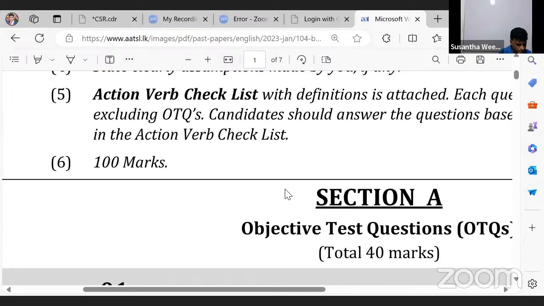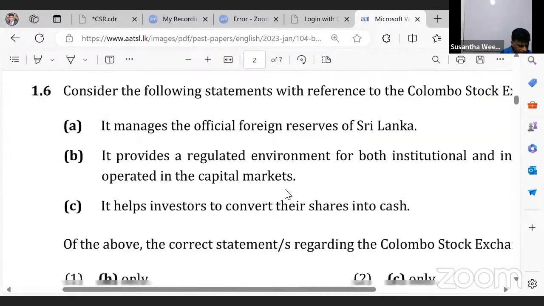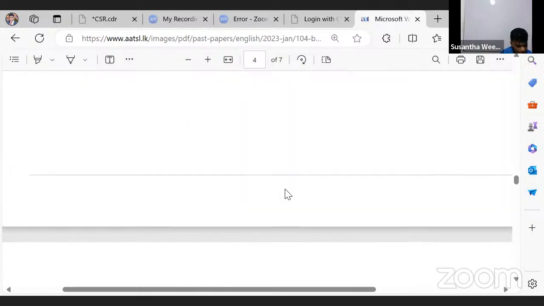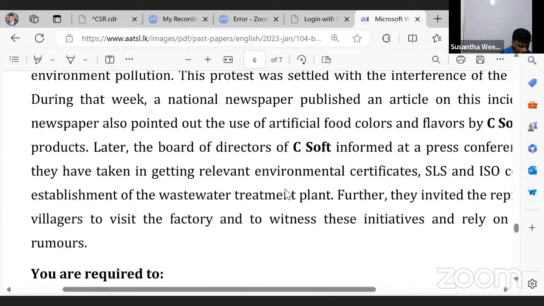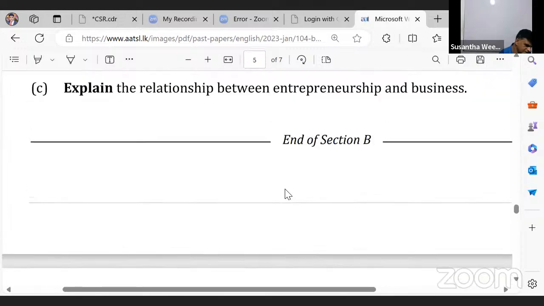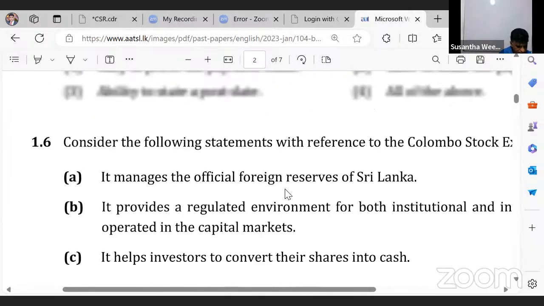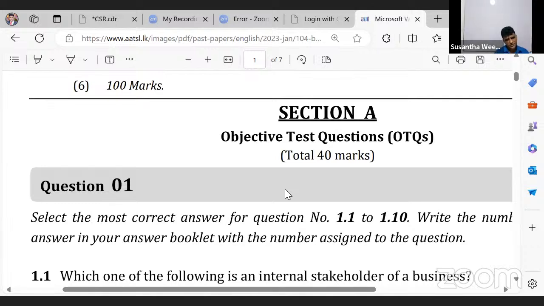It is a 100 marks paper. Now here you have section A, section B, and section C. In section C, a case study is given. This is actually a mini case study, meaning a very small case study. You should be able to understand this case study. Read all case studies given in all past papers, and try to understand them.